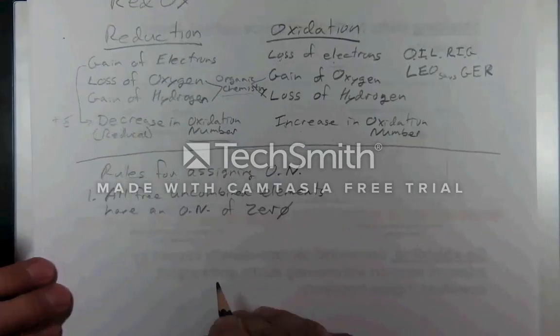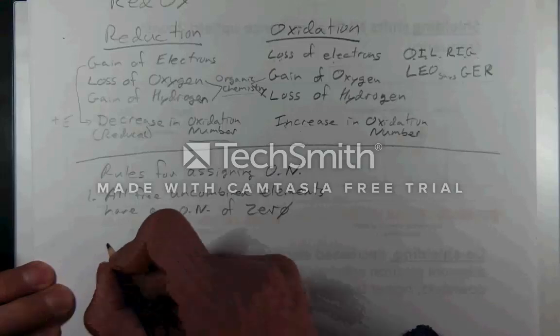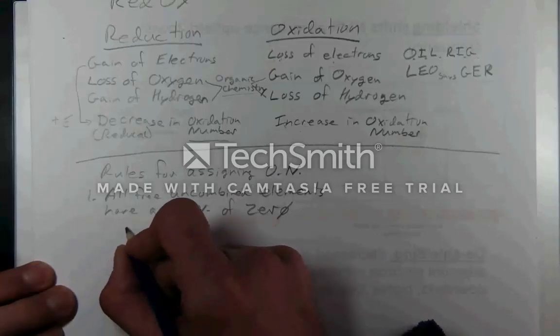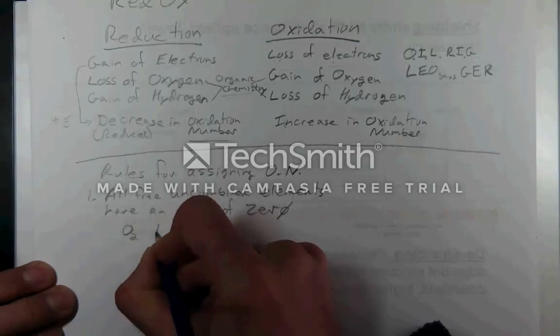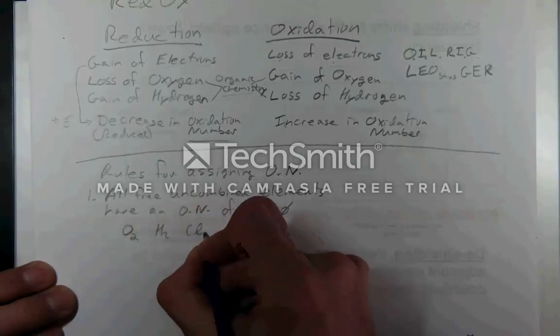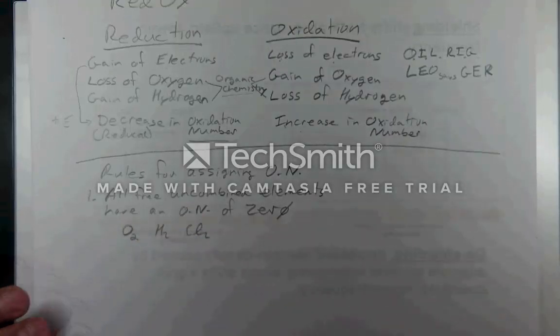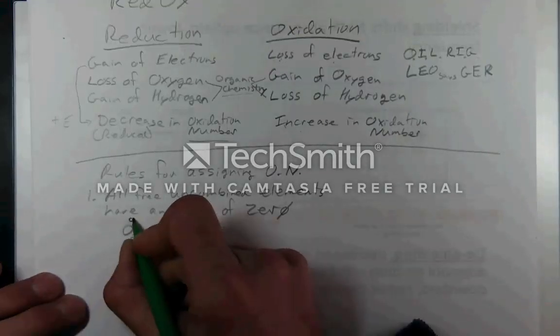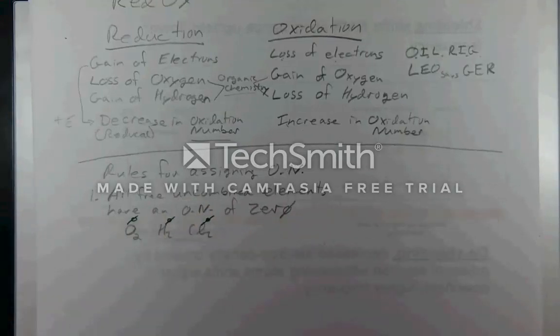In Crash Course Chemistry they did talk about this. What this means is if you see an element such as elemental oxygen, or elemental hydrogen, or elemental chlorine, their oxidation numbers are 0. So I'll put here zeros. These all have an oxidation number of 0.